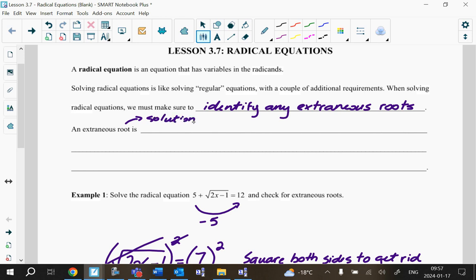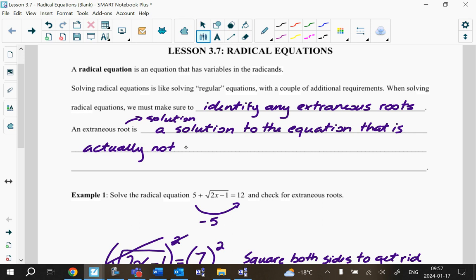It is a solution to the equation that is actually not a solution when you check it by substitution.